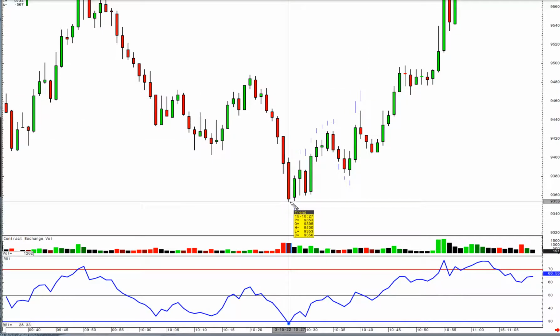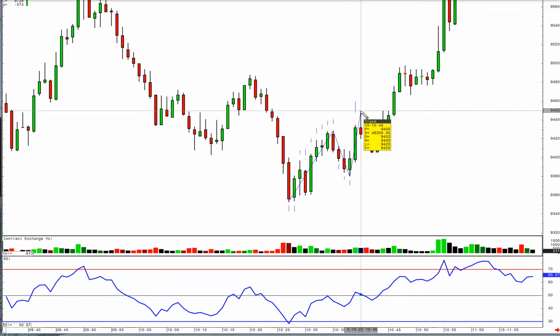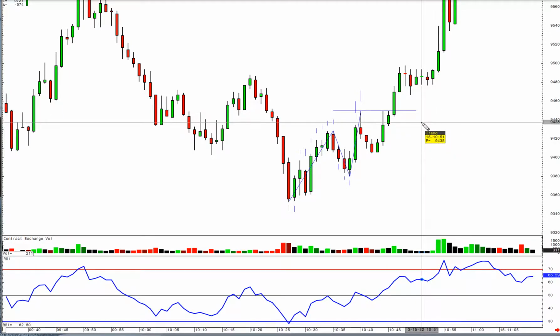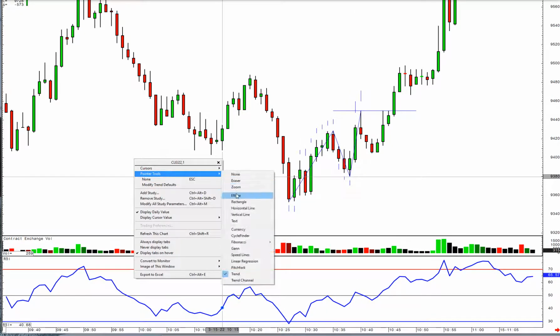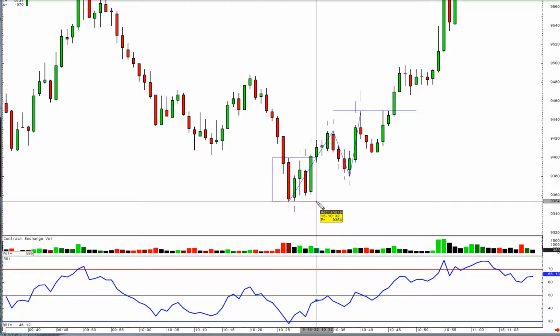So this is our very clean A, B, C. So getting above this level would be a U-turn and would confirm that this was the bottom, that this hoagie down here set the bottom. Right?